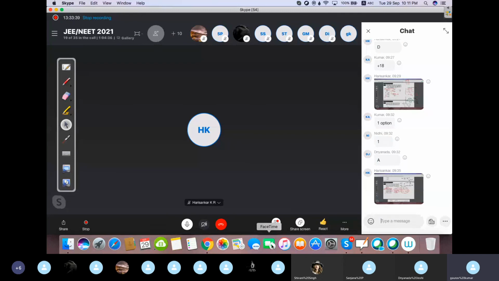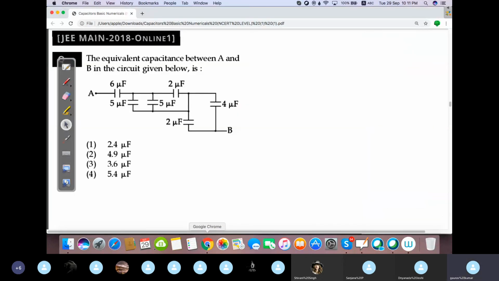No. Please, it's a very easy question. Very, very easy question. The equivalent capacitance between A and B in the circuit given below is.